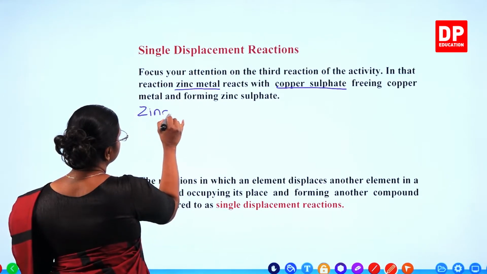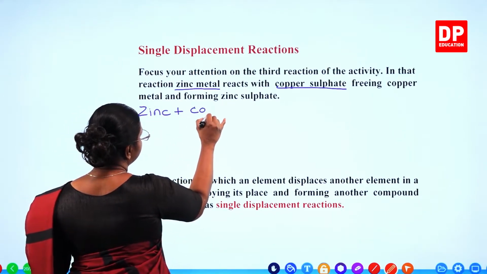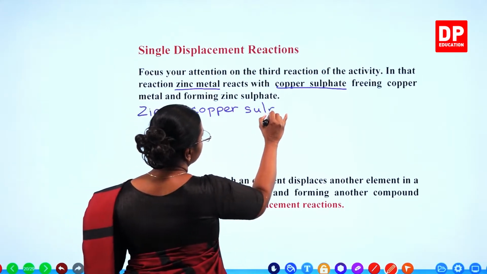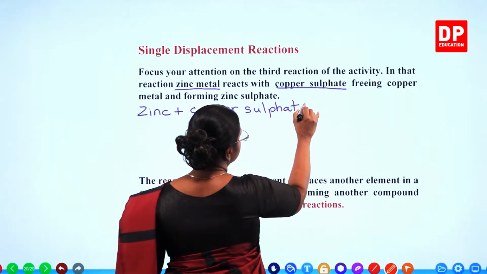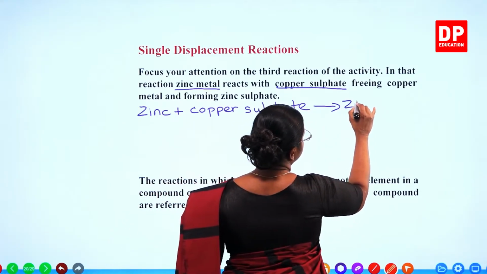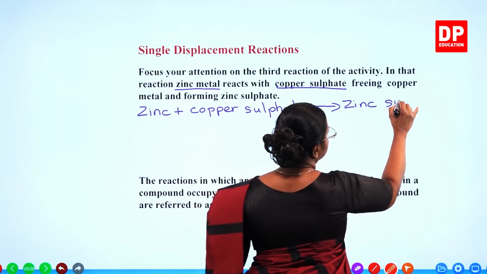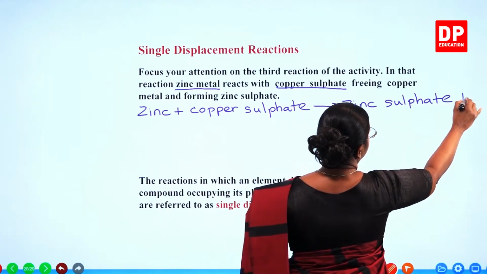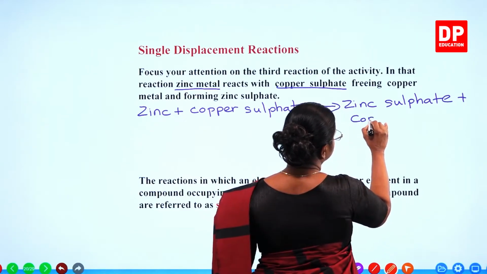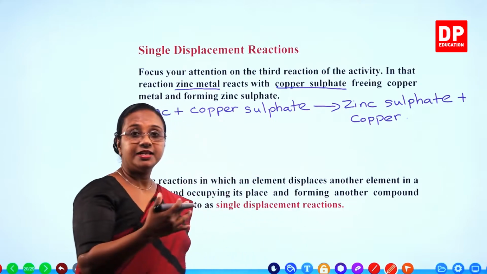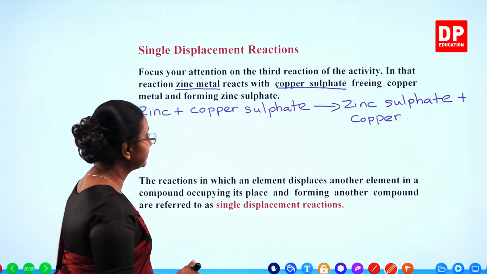Zinc plus copper sulfate, giving rise to zinc sulfate plus copper. Or you can write it as copper plus zinc sulfate.